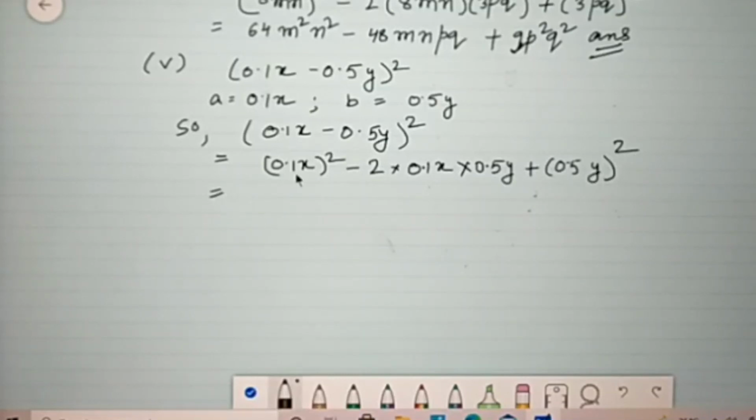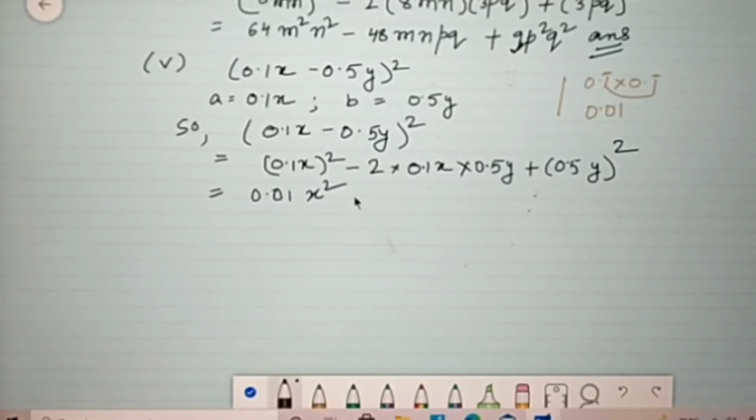Now the square of 1 is 1, and 0.1 into 0.1 is 0.01, and square of x is x square. Let me show on the rough side: 0.1 into 0.1, 1 one is 1 and the decimal part has 2 digits, so we write 2 digits in the decimal part. So this is 0.01. So the square of 0.1 is 0.01x square.